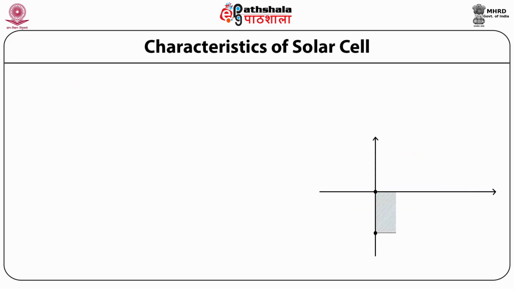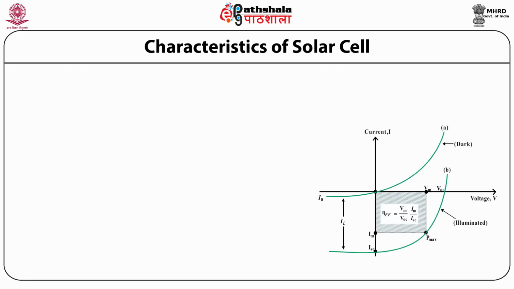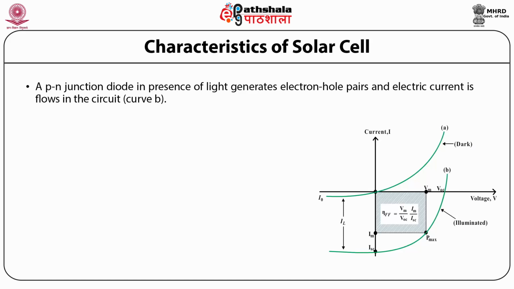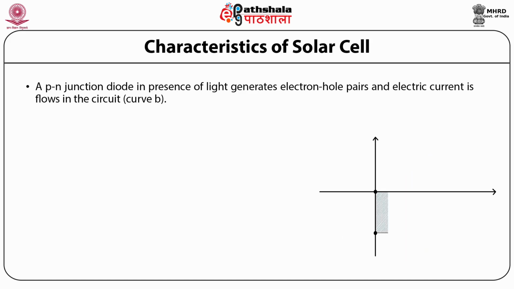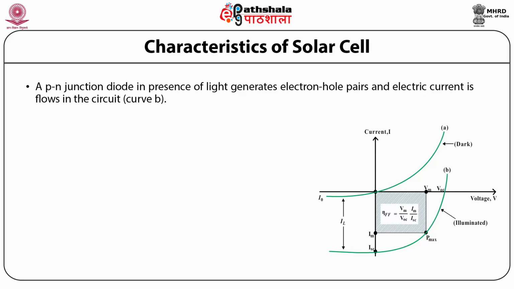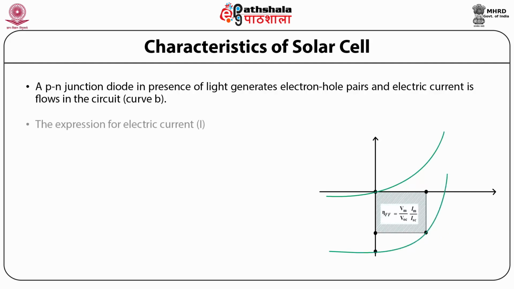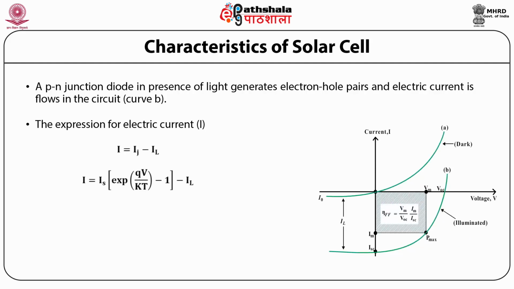Now let us discuss about the illuminated characteristics of solar cell, which is shown by the curve B in the graph. A PN junction diode in the presence of light generates the electron-hole pairs and electric current which flows in the circuit. The expression for the electric current can be written as I is equal to Ij minus IL.